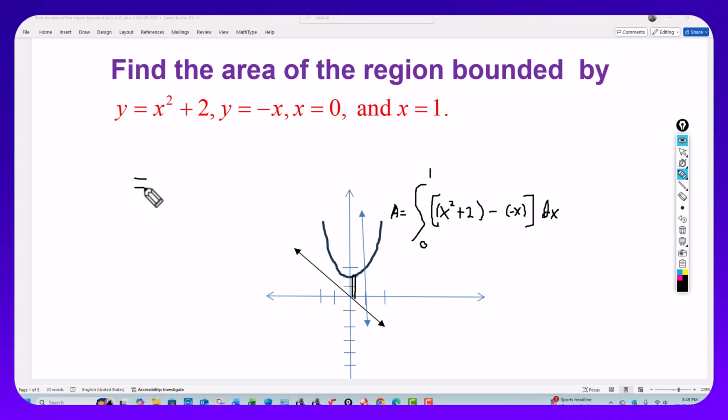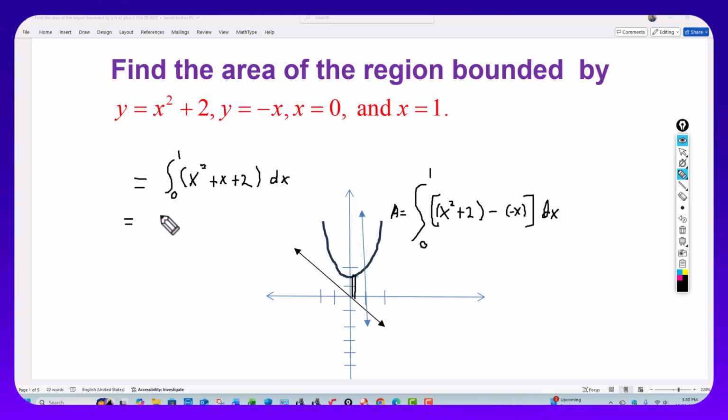This is going to equal the integral from 0 to 1 of x squared plus x plus 2, dx, since minus a minus x becomes plus x. The value of this definite integral gives you the area of this particular region.